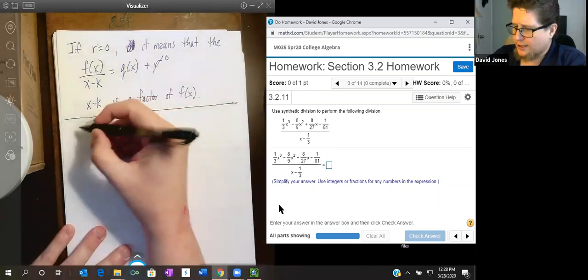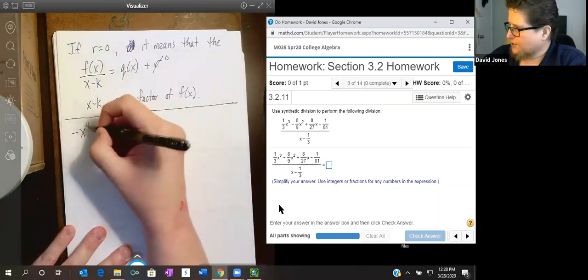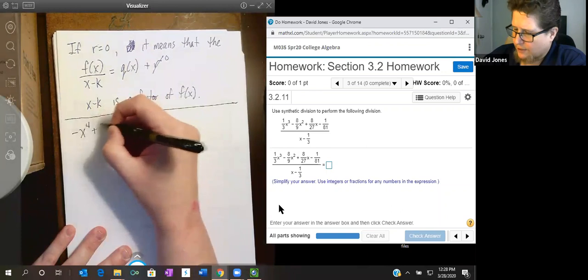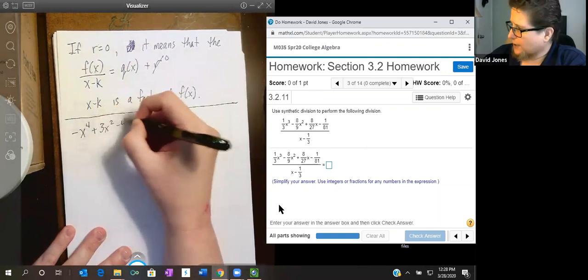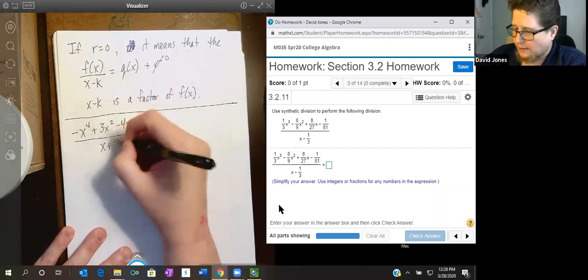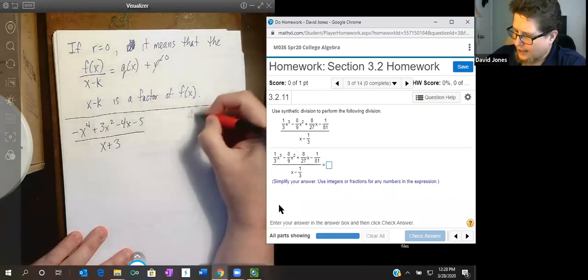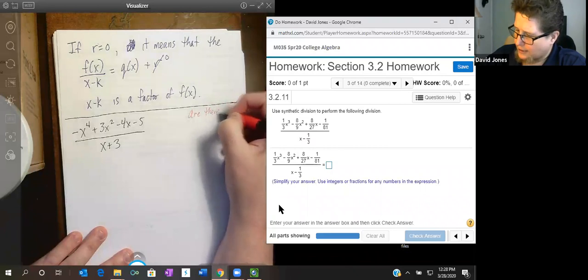So we're going to work on synthetic division a few times. Let's have negative x to the 4th power plus 3x squared minus 4x minus 5 over x plus 3. And I want to ask you first off, are there any missing terms?